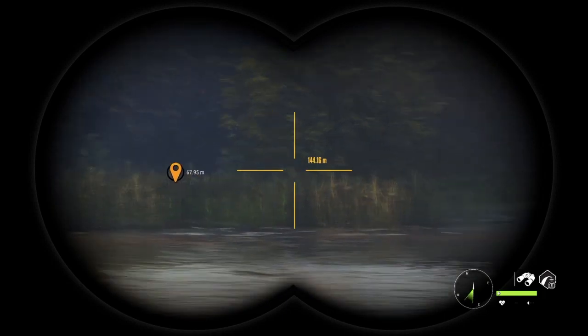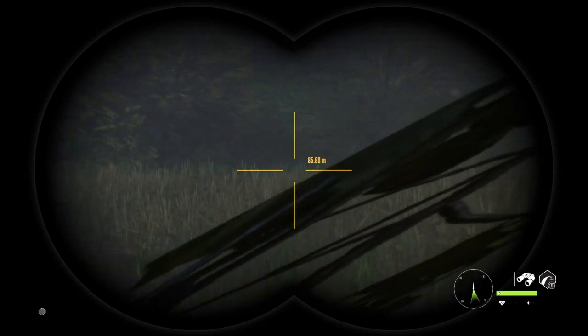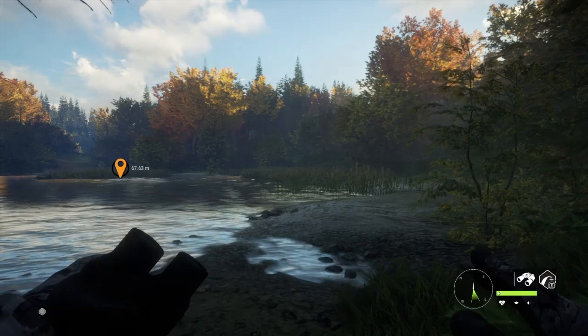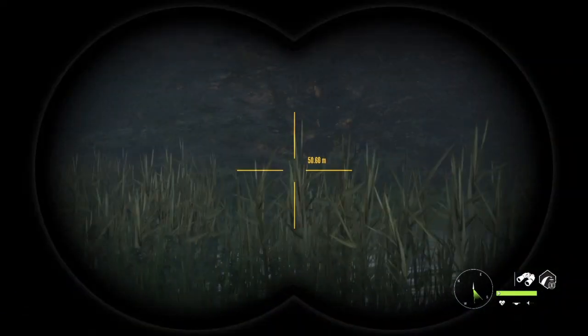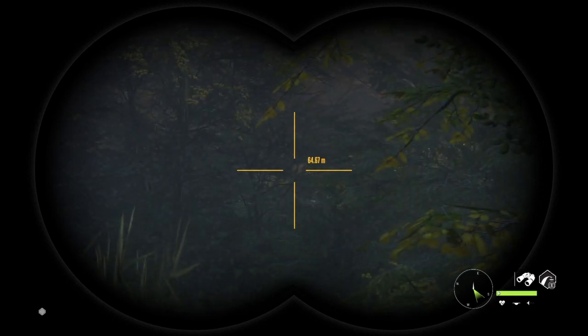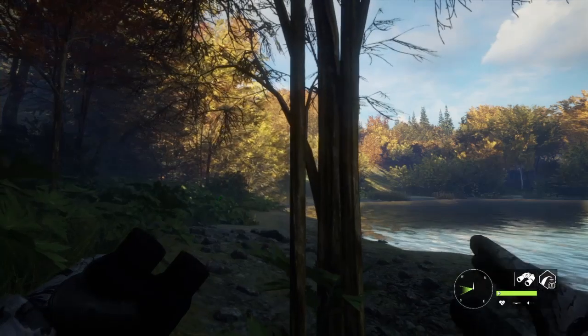But it happens. So you want to be careful and make sure you don't just check the water's edge. Check back up into the bush a little bit, into the woods, just to make sure that you haven't missed anything. And 9 times out of 10, if you don't see them at the water's edge, maybe they're up a little bit higher. So let's just check if this fellow's back here.